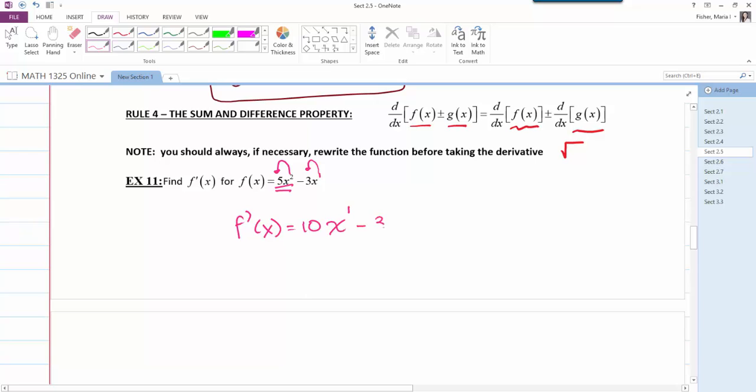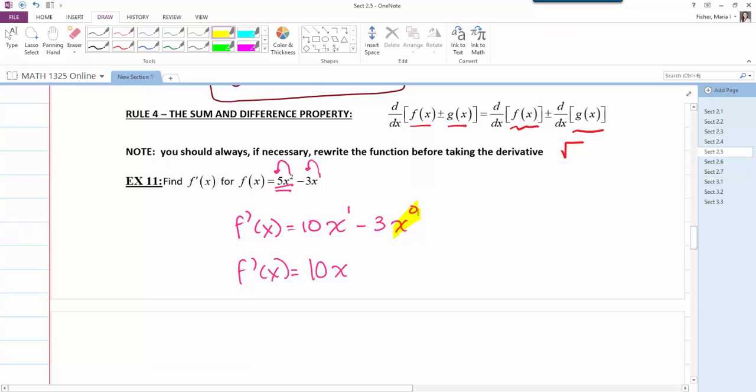3 times 1 is 3. x to the 1 minus 1 is 0. So I have f prime of x is equal to 10 x to the first minus 3 times x to the 0 power. But let's clean this up real quick. So we have 10x, again, to the first is not necessary, so 10x is fine. And now anything to the 0 power other than 0 is equal to 1.